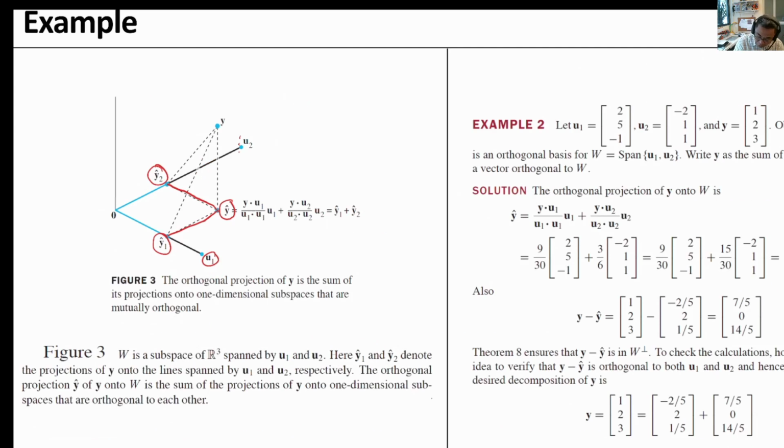So this interpretation is explained here. The orthogonal projection of y onto W, y hat, is a sum of the projections of y onto the one-dimensional subspaces of u1, u2, up to up. And not only that, u1, u2, up are orthogonal to each other.